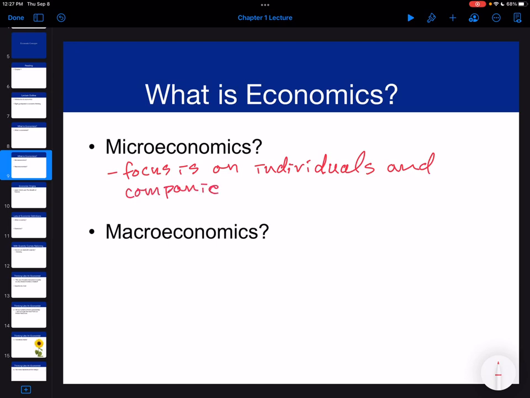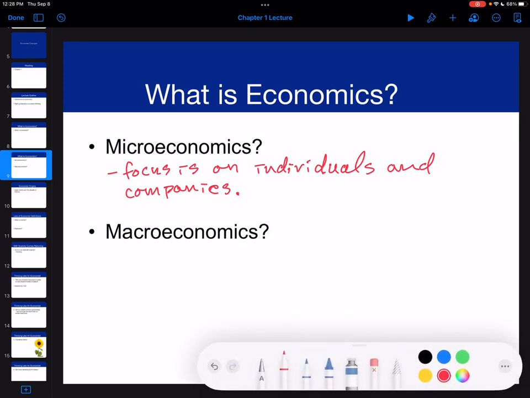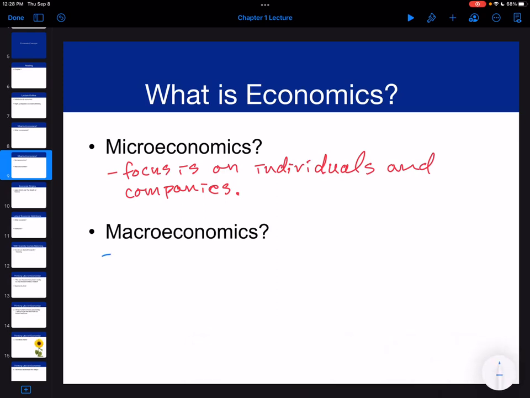This is where we're going to be talking about, say, the market for a particular product, or a company producing a particular thing, or workers working in a particular industry. This is all microeconomics.